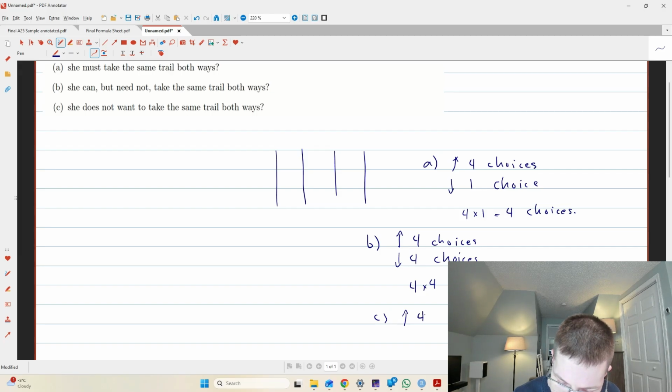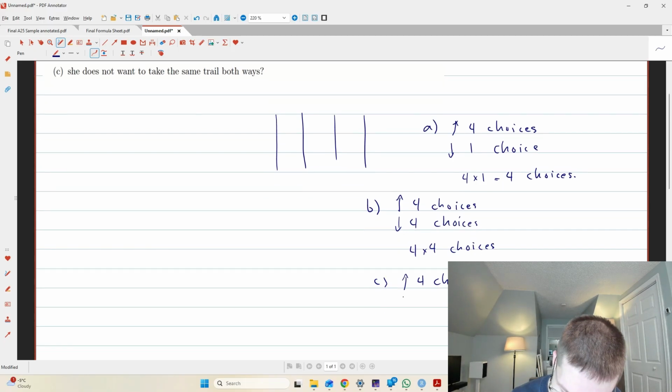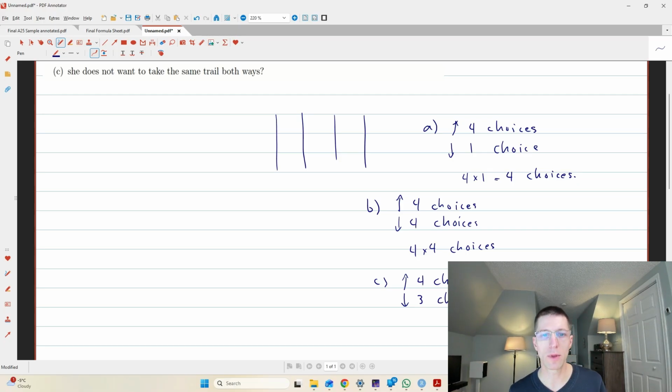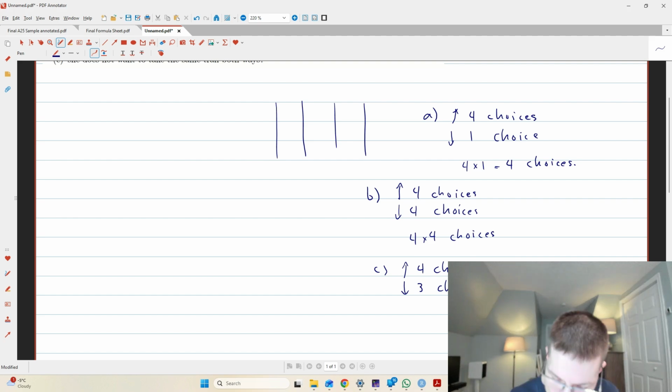And then part C, she doesn't want to take the same trail both ways. So going up, there's still 4 choices. Nothing restricting her choices going up. But going down, there is something restricting her choices. She doesn't want to take the same trail. So that means there's 3 remaining trails that are open to her. So going down, she's got 3 choices. So again, by the multiplication principle for counting, we've got 4 times 3 choices.